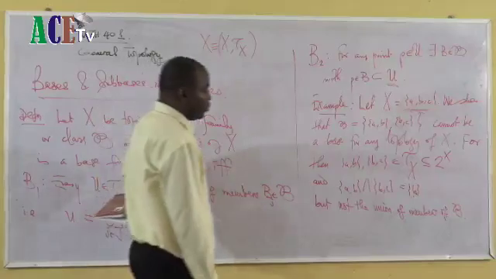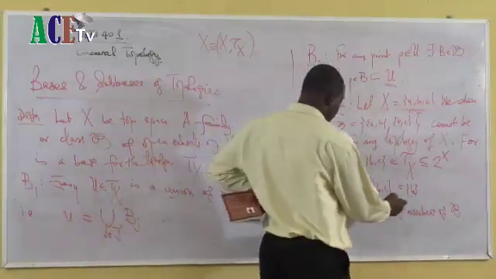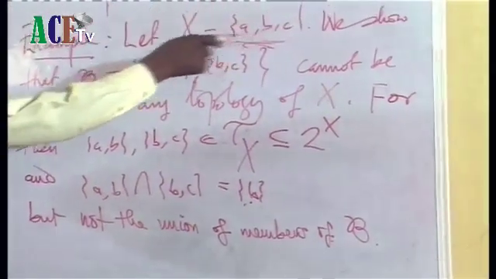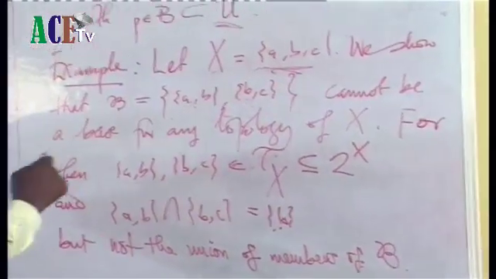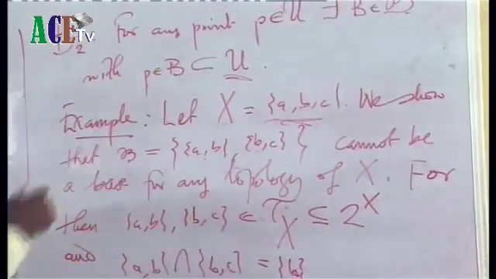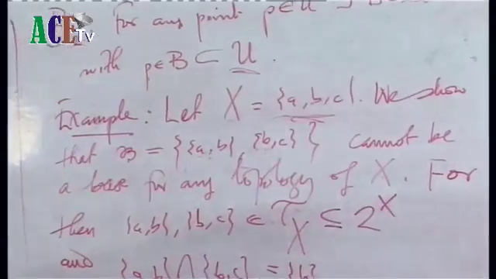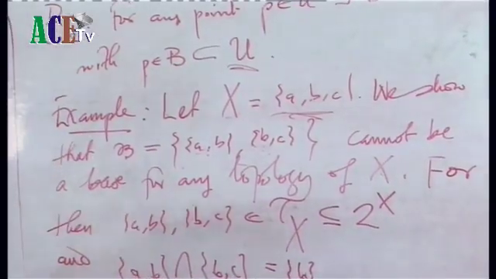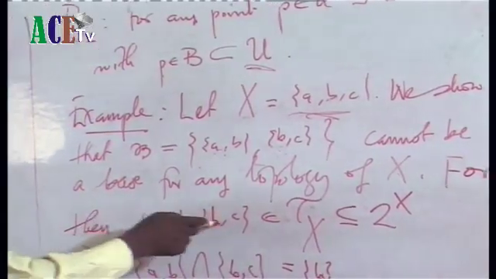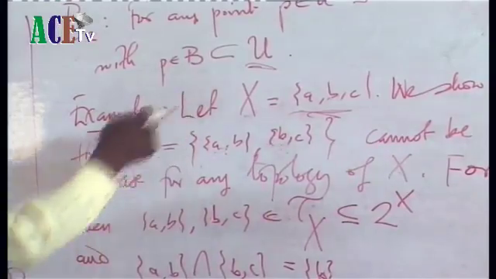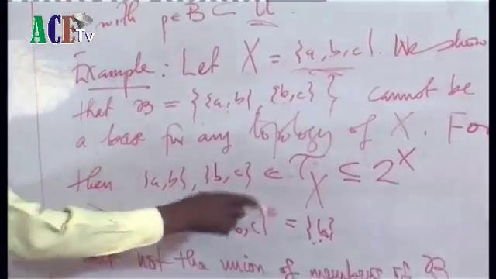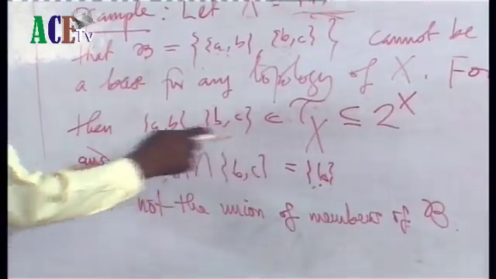So this is what we see here, that this is an open set, and if we claim that these are the basis for the topology on X, then the union of these two actually forms X. And their intersection here gives us a point.